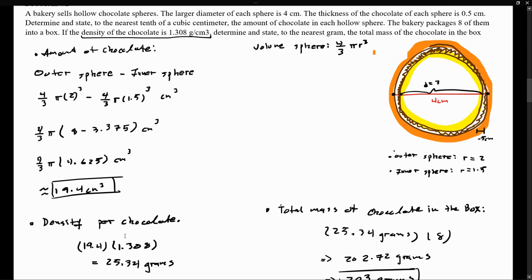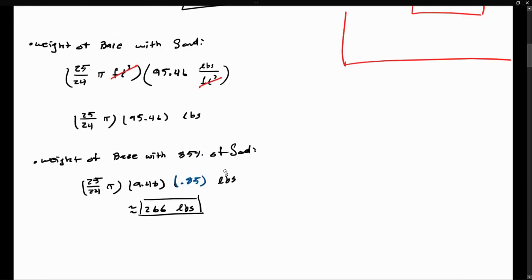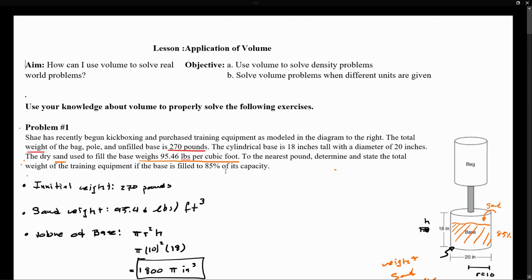The density of the chocolate is 1.308 grams per centimeter cubed. So we multiply the volume times the density. That's how we got the actual mass in grams of chocolate in each ball. After that, we know there were 8 of them in a box, so we just multiply our result by 8, and that's how we get the total mass of the chocolates in the box. And with this, it concludes our lesson for application of volumes.